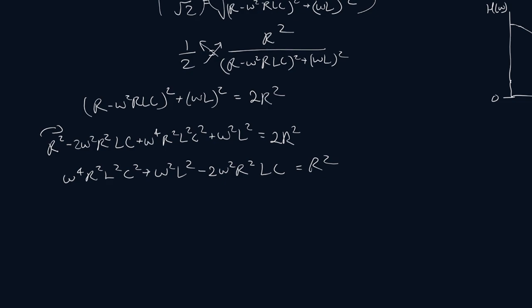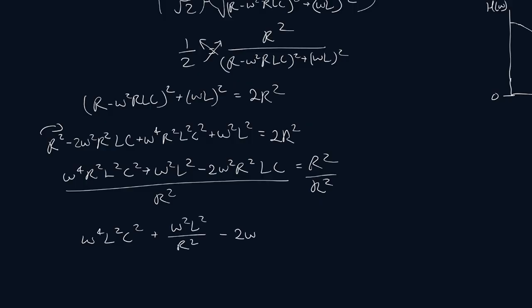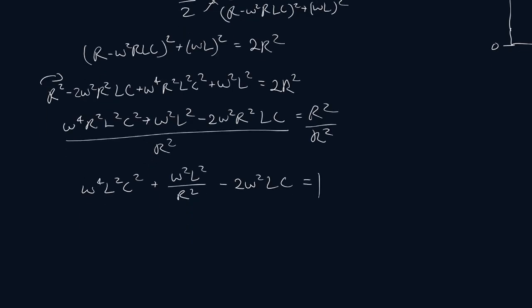Okay, now let's divide everything by R squared. So it'll be W to the 4 L squared C squared plus W squared L squared over R squared minus 2W squared LC equals 1. Let's bring the 1 to the other side, so it'll be minus 1 here.